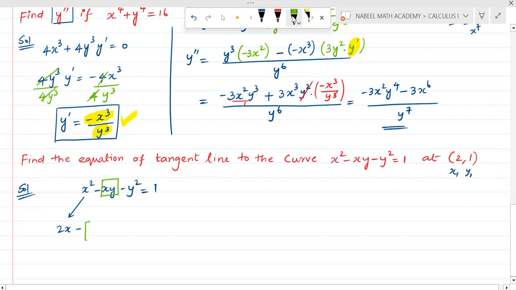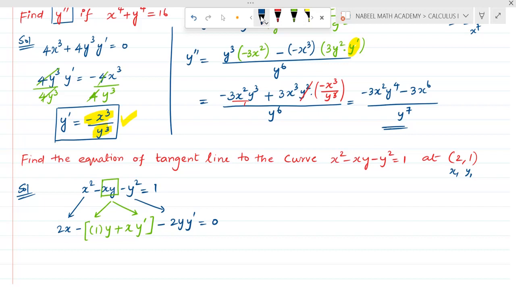I will use the bracket because of the minus. Here y is fixed plus x is fixed. When you differentiate y, it becomes y prime. So this is the derivative for the term where we apply the product rule. What about the next one? 2y y prime, and 1 becomes 0. Here there is no need to simplify for y prime because I want to calculate at the point.